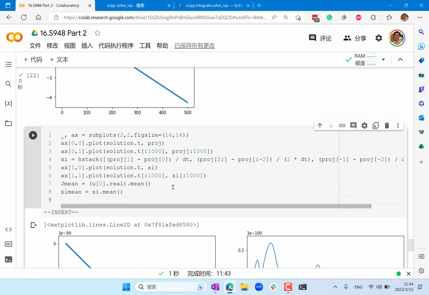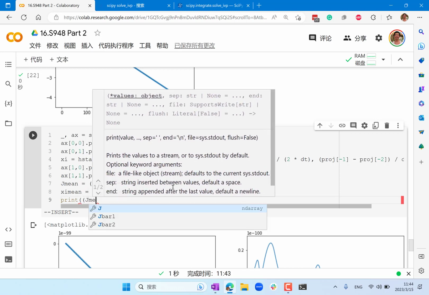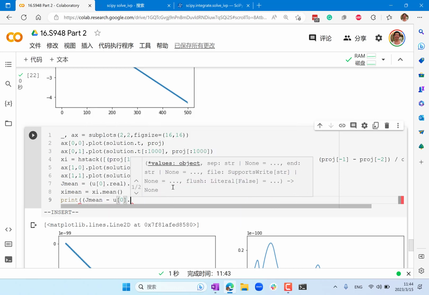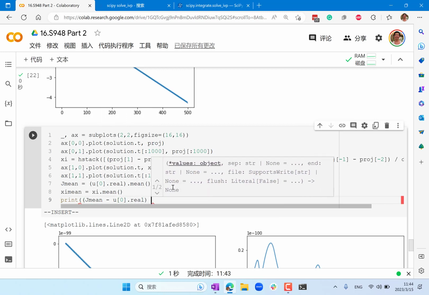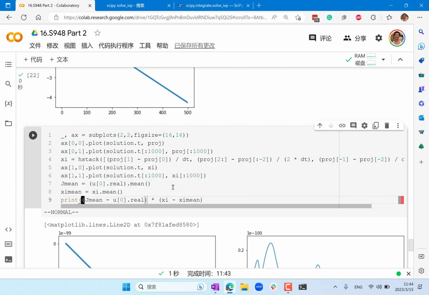Then the correlation, which would give us the sensitivity, is the negative of the correlation, or let's just say j mean minus u0 dot real times xi minus xi mean. Actually, the second part doesn't matter. You don't have to subtract xi mean. You get pretty much the same result unless you use some windowing here. This dot mean.